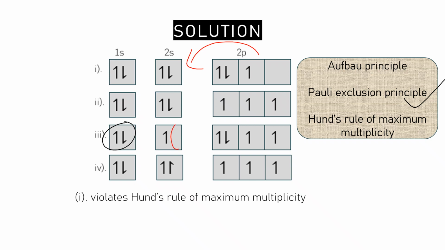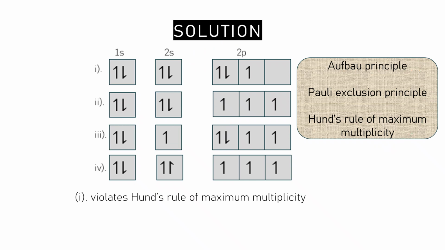You can see that nothing is here; it should have been filled fully with opposite spins. So it doesn't obey the Aufbau principle, but it obeys Hund's rule of maximum multiplicity, because it was first filled with parallel spins before the opposite spin came. But since it doesn't obey the Aufbau principle, it is incorrect.